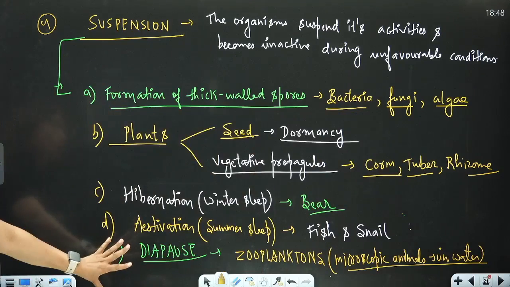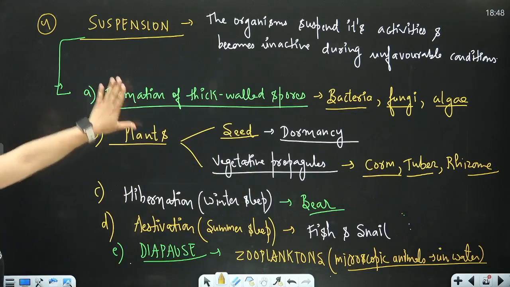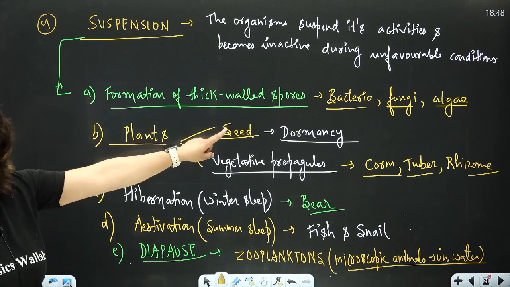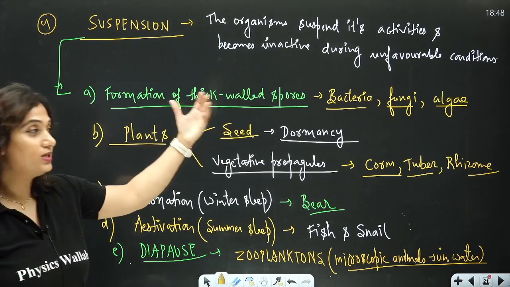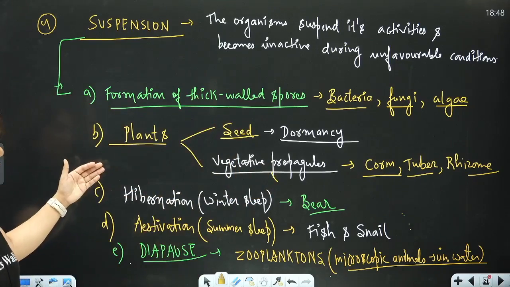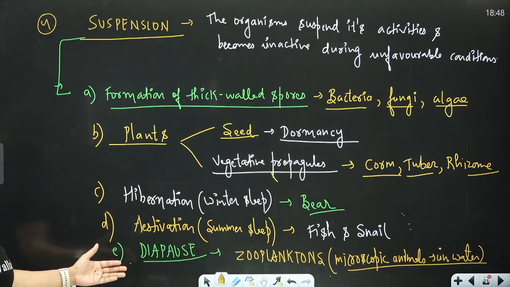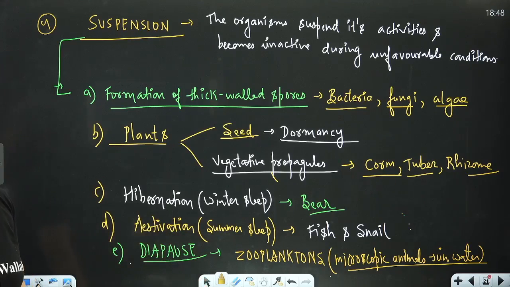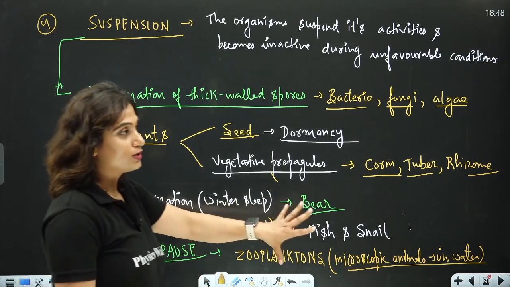So this is important. These are the different ways of suspension shown by the organisms. Formation of thick-walled spores, or formation of seed, dormancy in the seed, formation of vegetative propagules, or hibernation, or estivation, or diapause. Question comes directly from this part. Diapause is shown by zooplanktons. Okay, so these are the various methods of suspension.